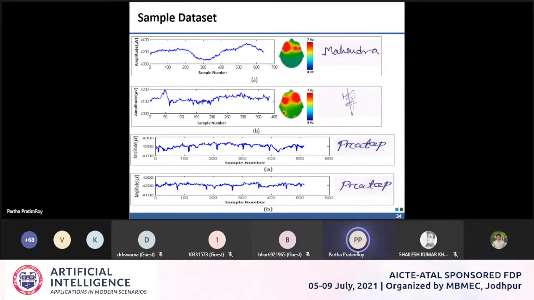For example, one person is Mahendra, another is another guy, so their EEG signals are different. And for example, Pratap is making his signature two times. Their signals will be similar, but there will be some changes. It will not be exactly similar, but more or less there will be patterns which say that these two signatures are from the same person.